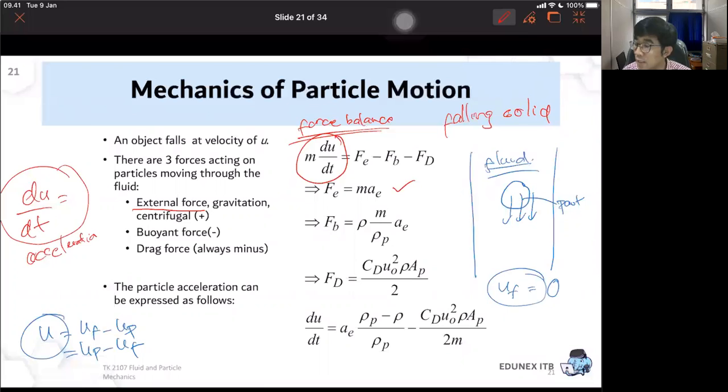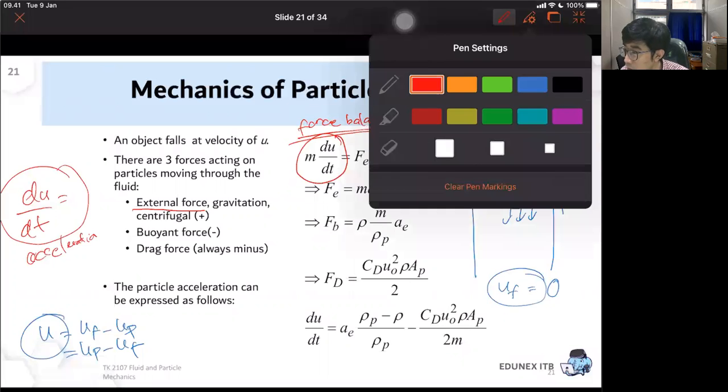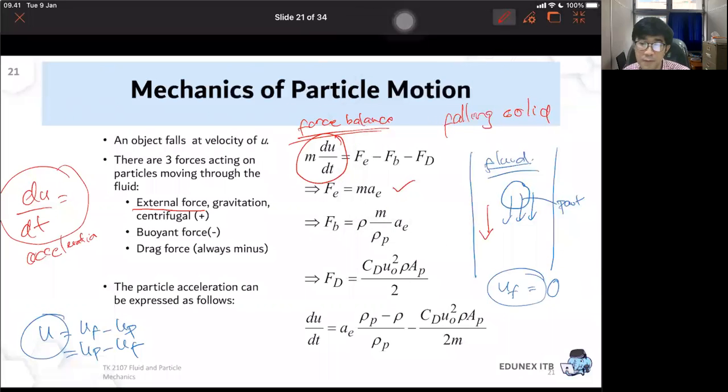And then the direction of the external force will be downward, right? So we put it positive. Then there are two types of force experienced by the particles in the upward direction. First, remember the buoyant force. What is the formula of the buoyant force? Can you still remember?